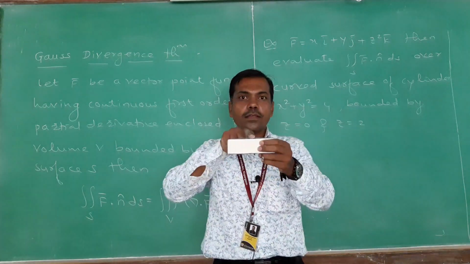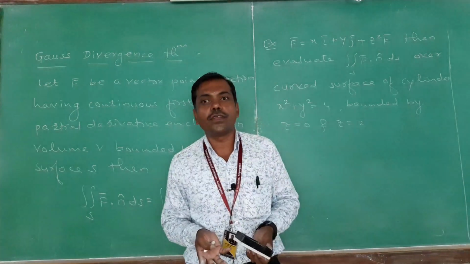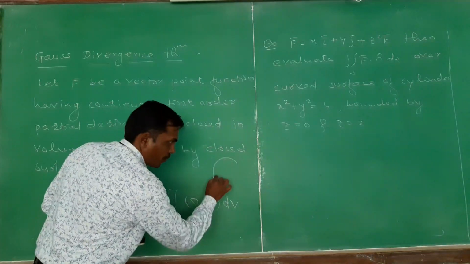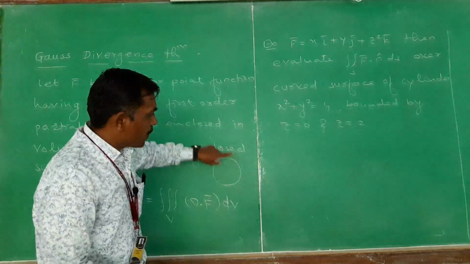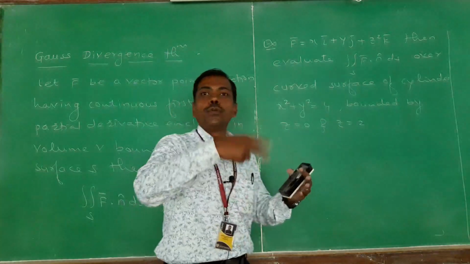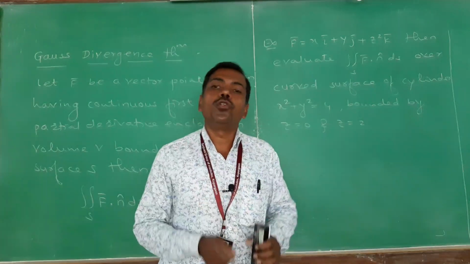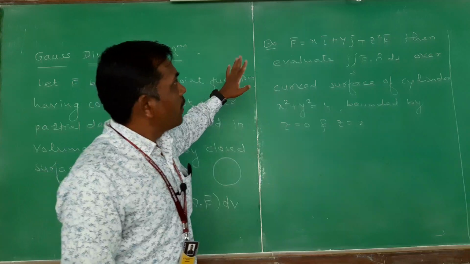Same way above and below. So these are the 6 surfaces. Or you may take the example of sphere. It is bounded by circles, so many circles, and inside the volume is there. Like that.